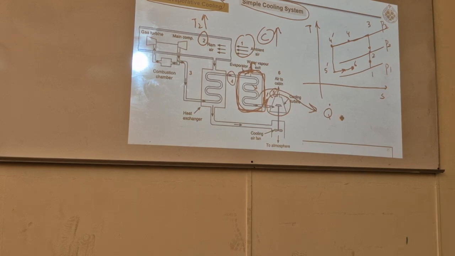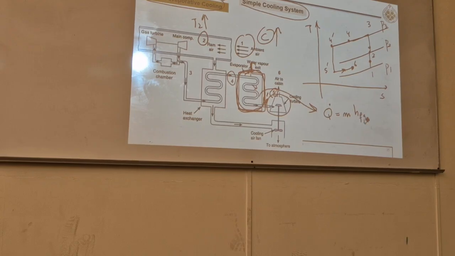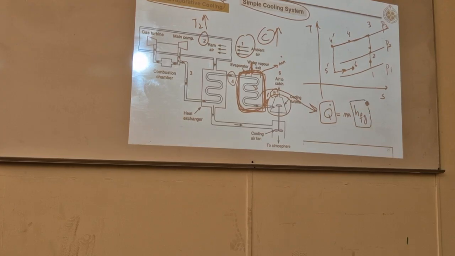So I can write q dot, which is supplied to that fluid, is equal to m of that fluid into hfg of that fluid. The total amount of mass I want to calculate. What should be that m dot? That depends upon how much heat we want to remove. And it is evaporating, that's why it's not m Cp delta T, it is m into hfg.